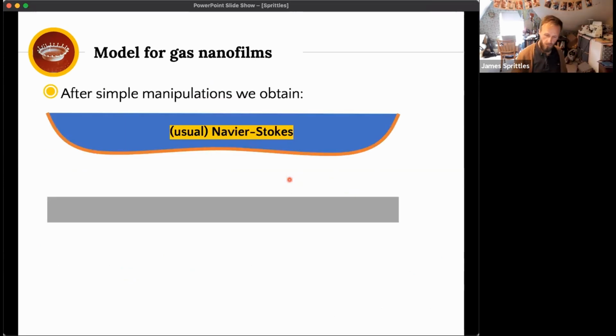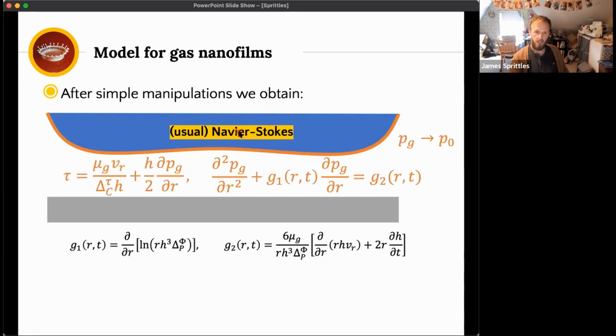Okay, so what does the model actually look like? We have the usual Navier-Stokes equations in the liquid, and then essentially all this gas dynamics manifests itself through the boundary conditions acting along this surface. It's axisymmetric, so everything is just a function of the radial coordinate and time. We have a second order PDE for the gas pressure. We have an expression for the shear stress. And we have these coefficients in terms of various things that we know.